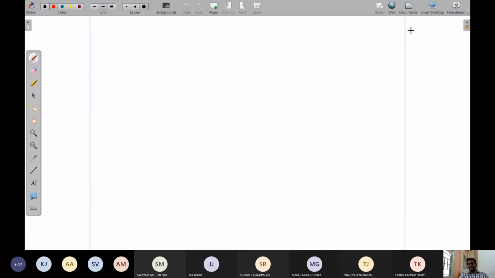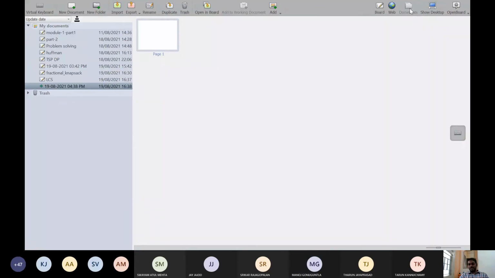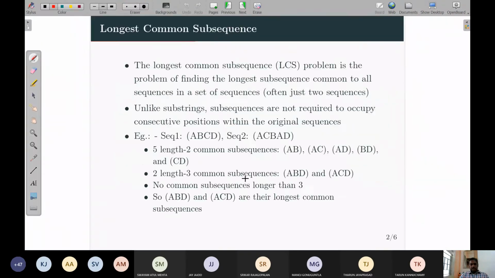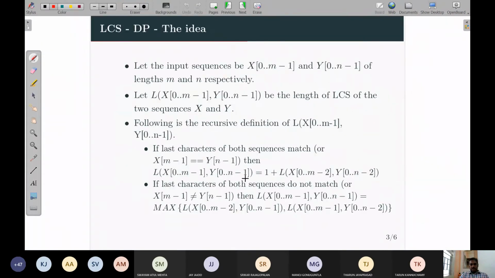Actually, some work is going on here, some furniture or something they are doing. I should take the longest common subsequence again because of this. Okay, go ahead.